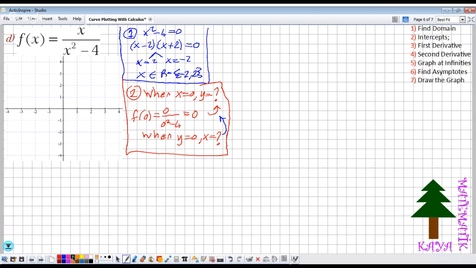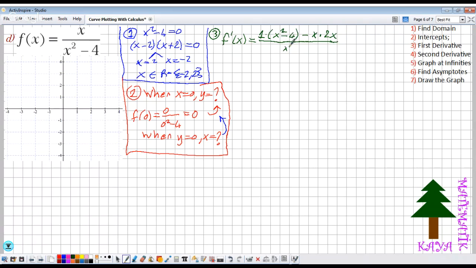Now the third step, first derivative. F derivative of x is equal to, by the quotient rule, derivative of numerator 1 times x squared minus 4, the minus between them, the numerator same, x times the derivative of the denominator, x squared, derivative of it is 2x, and minus 4 will be 0, the derivative of minus 4.